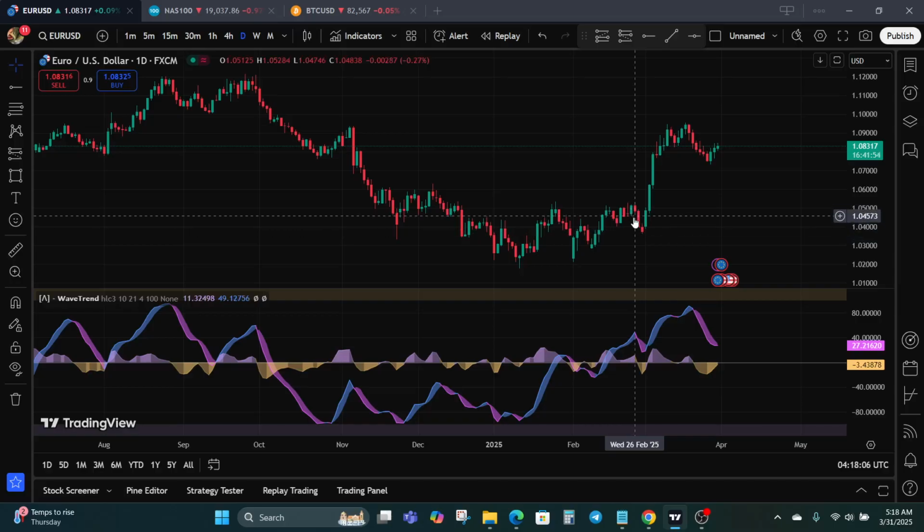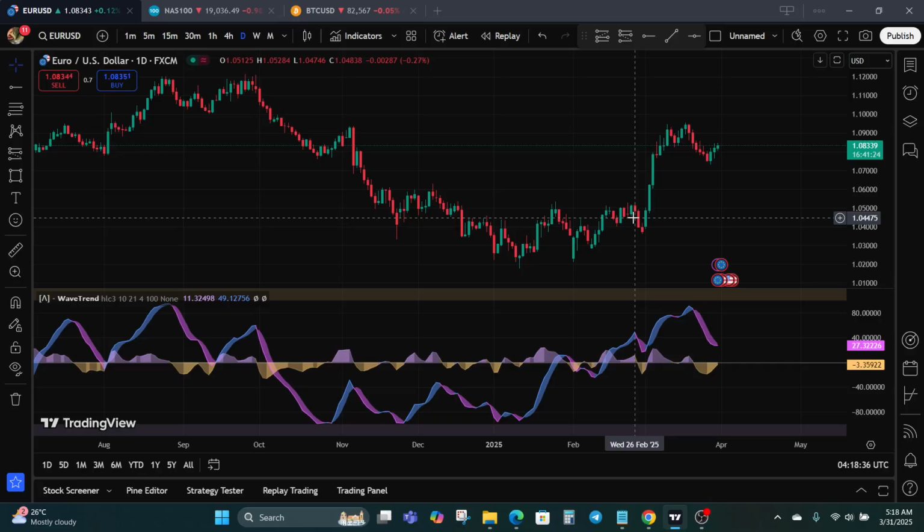Many traders rely on lagging indicators that react after price has already moved, leading to delayed entries and missed opportunities. So what if you had a tool that could detect potential reversals before they fully occur? That is exactly what the enhanced wave trend oscillator tries to achieve.